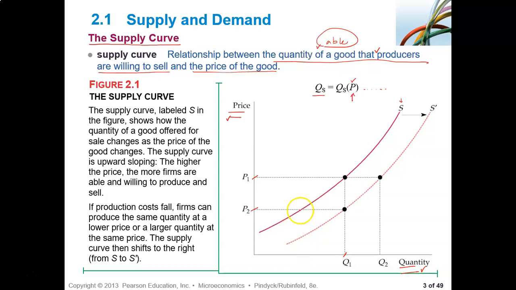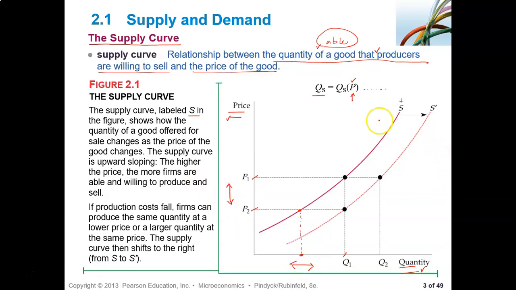So the supply curve labeled S in the figure shows how the quantity of a good offered for sale changes as the price of the product changes. See, how will supply change, increase or decrease, when price increases or decreases?